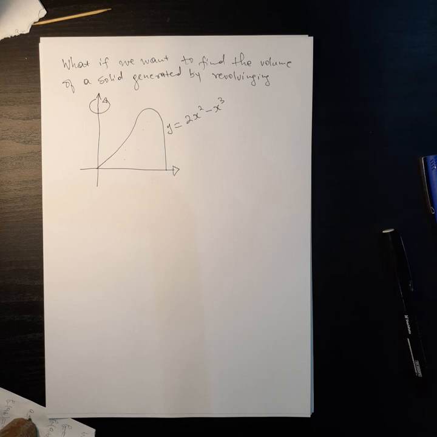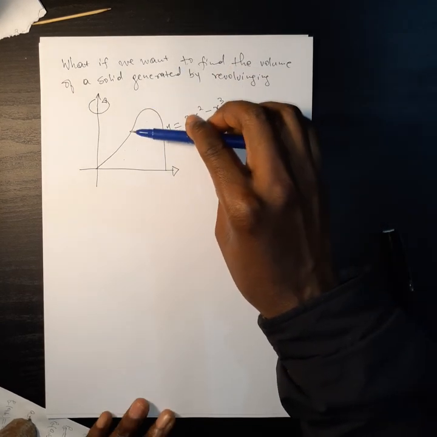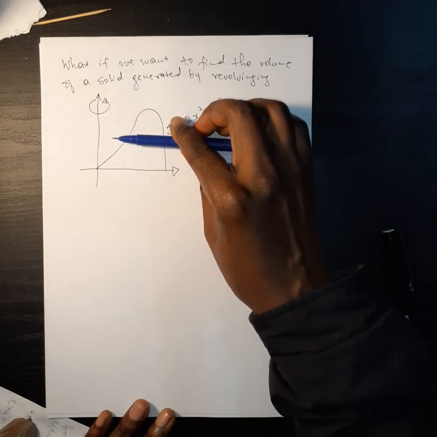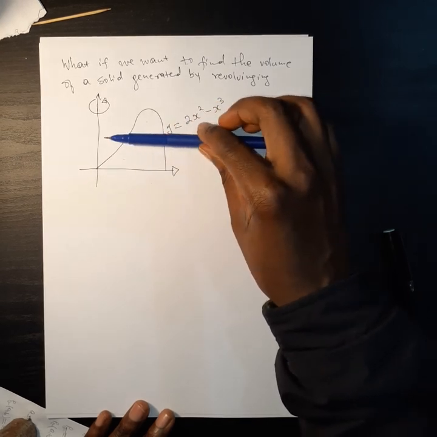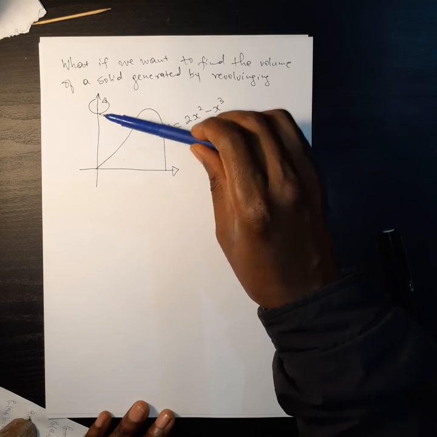Now, you will recall that the methods we have just discussed will say, okay, draw your representative rectangle perpendicular to the axis of rotation. So we may draw our rectangle like this, right? So if we draw it like that, what does it tell us? It tells us that we must integrate with respect to y.